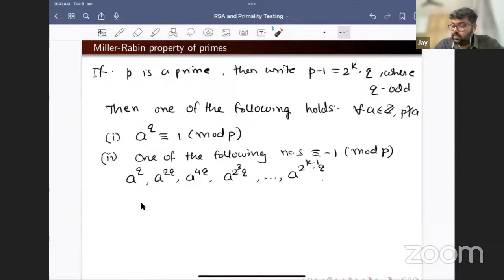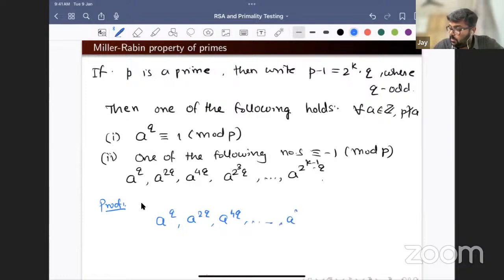So if we combine these two, it says that the first one, a power q, the odd part, is either 1 or minus 1, or else one of the rest of the others is minus 1. The proof is very simple, you can discuss it in one line. Make this list: a power q, a power 2q, a power 4q, and so on, up to a power 2 raised to k minus 1 times q.